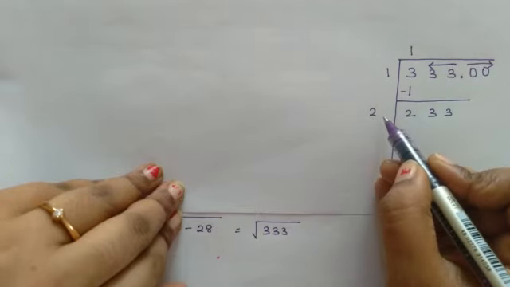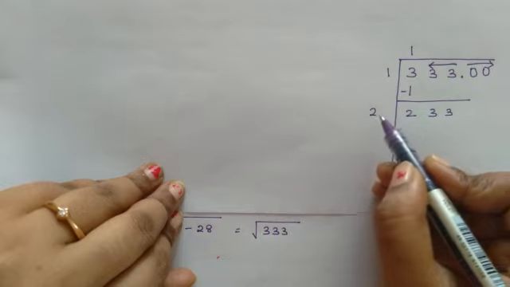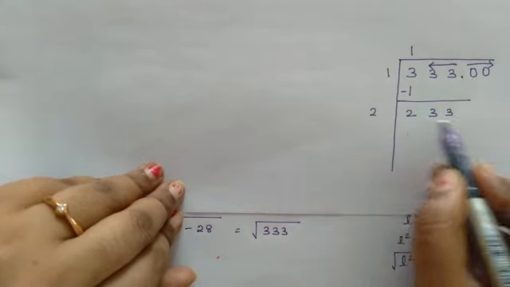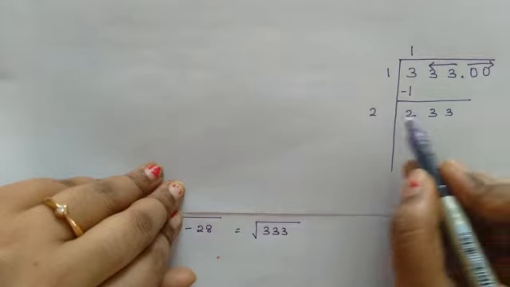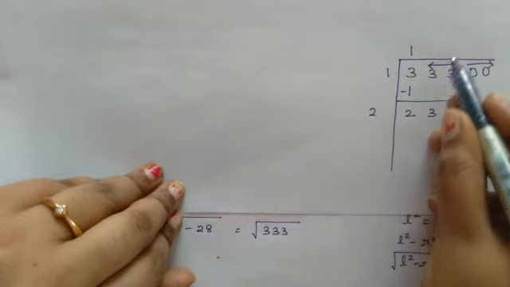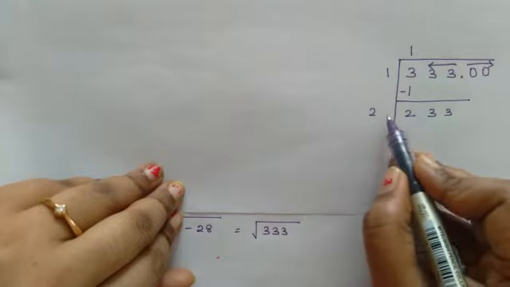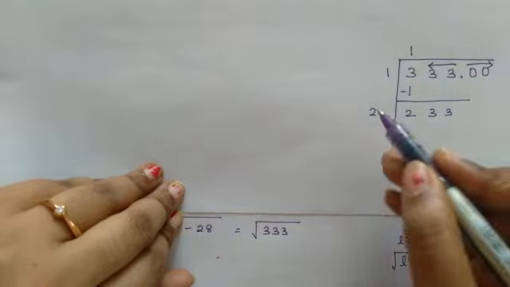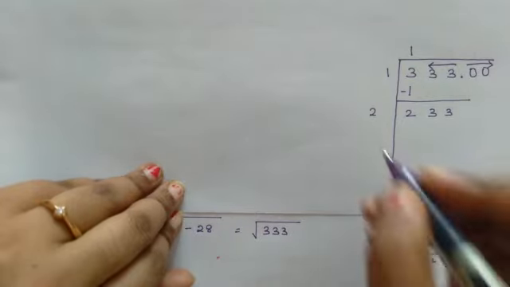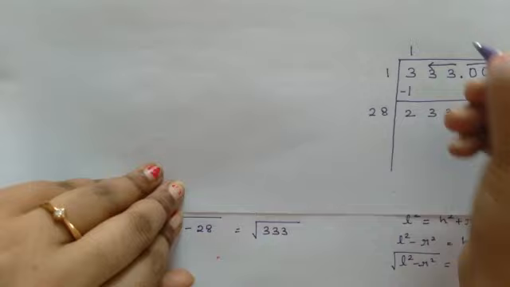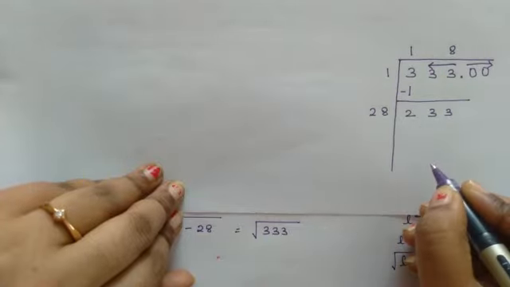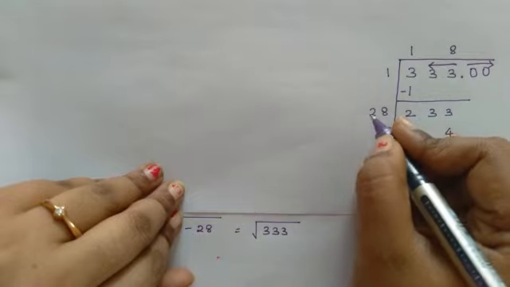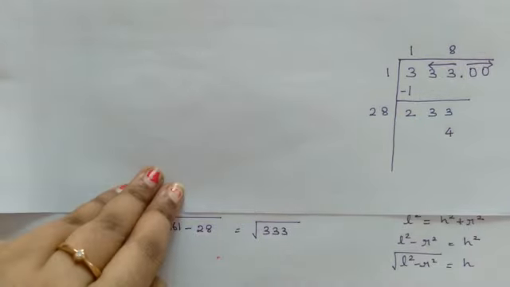This is by the trial and error method, checking each number so that you get a product less than or equal to 233. That is 21 into 1, 21. 22 into 2, 44. 23 into 3. Like that, check each and every possibility. If you check like that, for 28 into 8, you get it. 8 8s are 64. 8 2s are 16, 16 plus 6, 224.